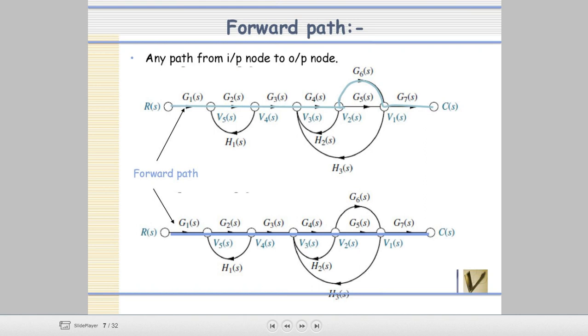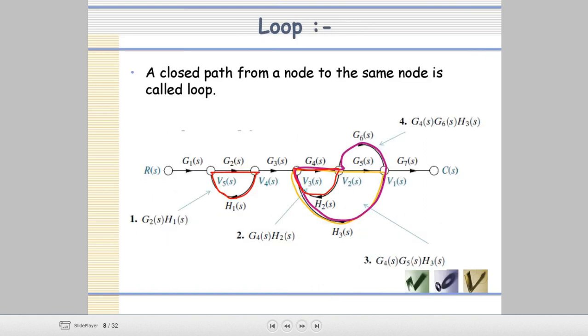Forward path. Any path from input to output node, any path in a forward direction. So we can see here the dark blue lines, these are two forward paths. Loop. A closed path from a node to the same node is called a loop. This is starting from this node, ending at this node.